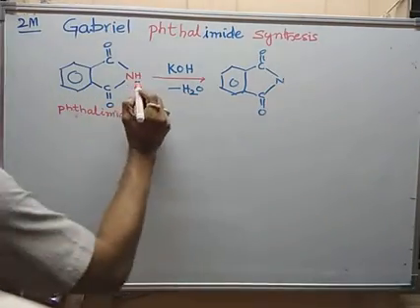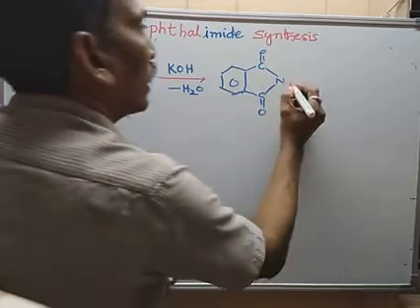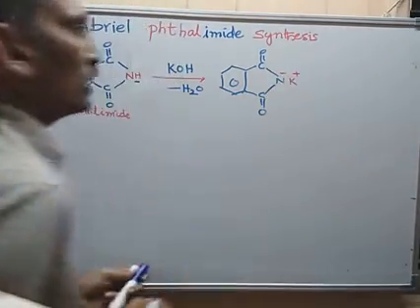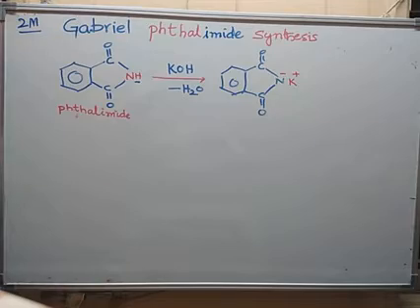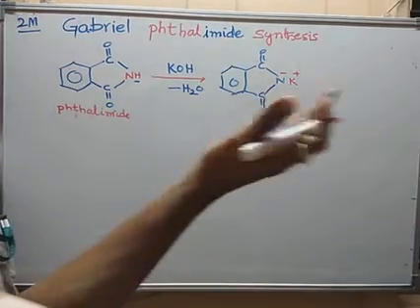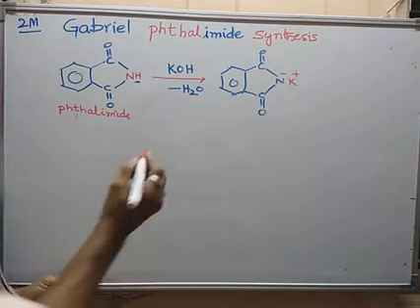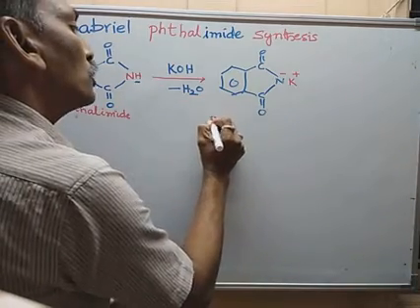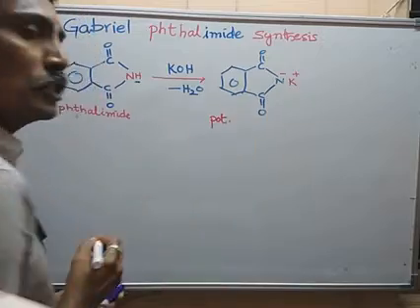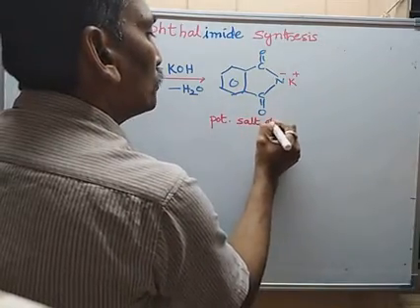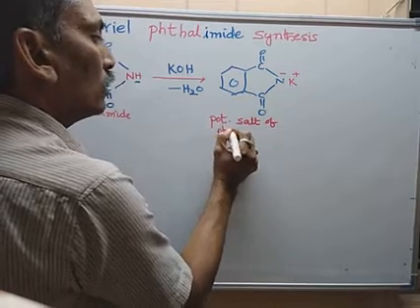The change is that H is substituted by K, and it is a salt, K plus N minus. Potassium salt of phthalimide, or simply potassium phthalimide. As a shortcut you have to write potassium salt of phthalimide.